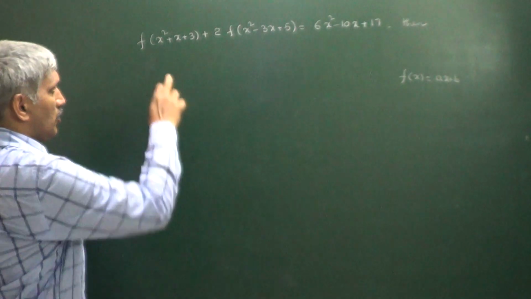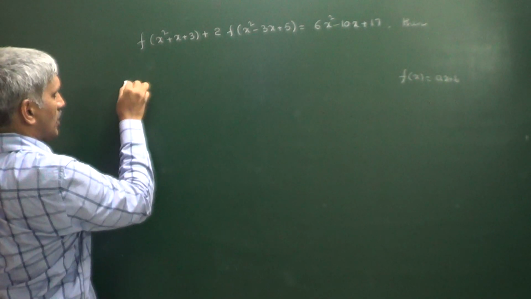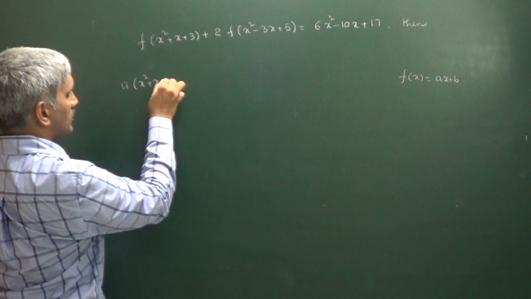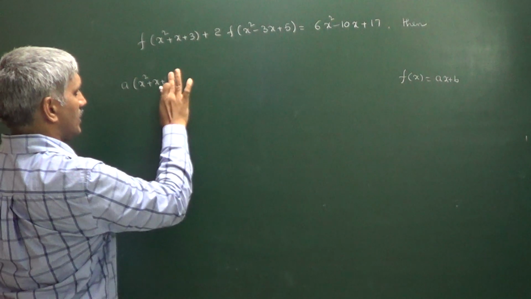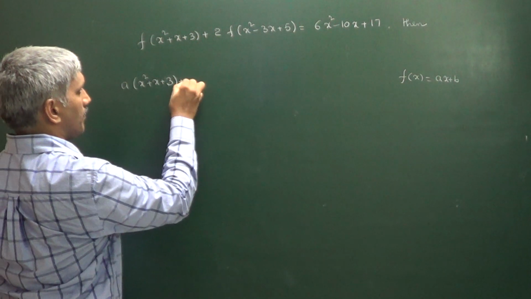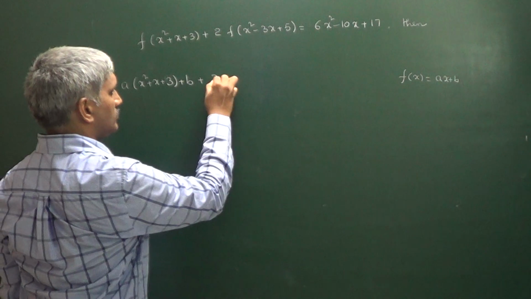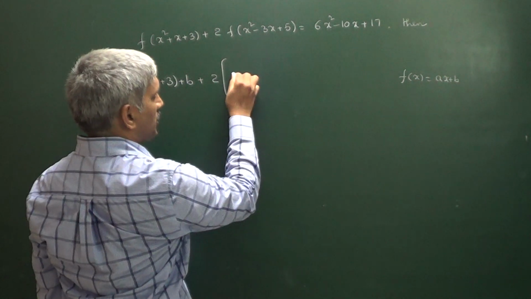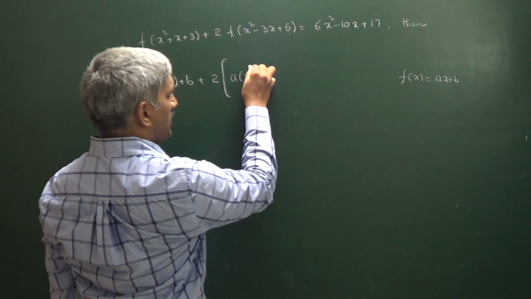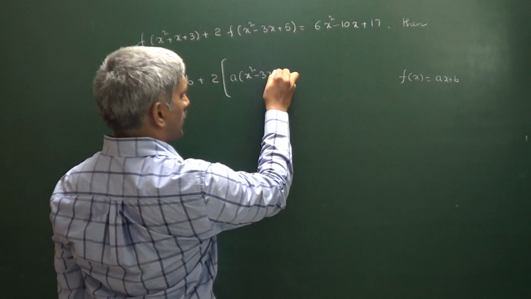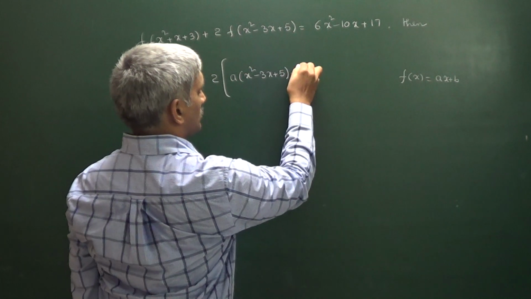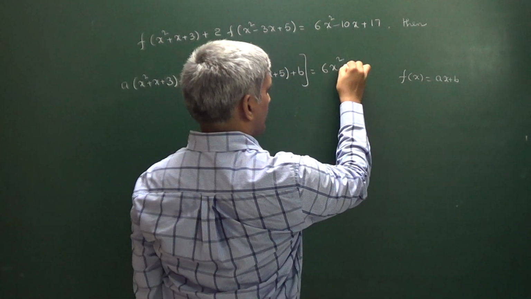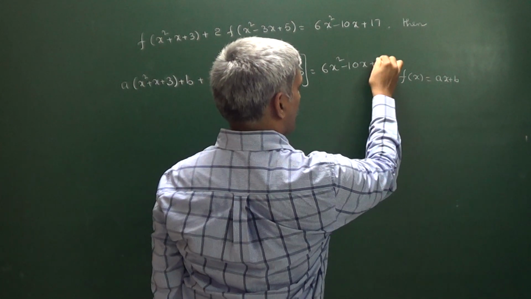Now f of x square plus x plus 3 means a into x square plus x plus 3 plus b, plus 2 times f of x square minus 3x plus 5, which means a into x square minus 3x plus 5 plus b, is equal to 6x square minus 10x plus 17.